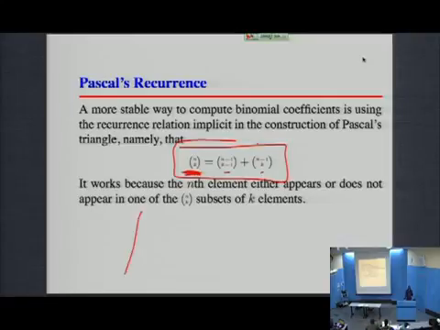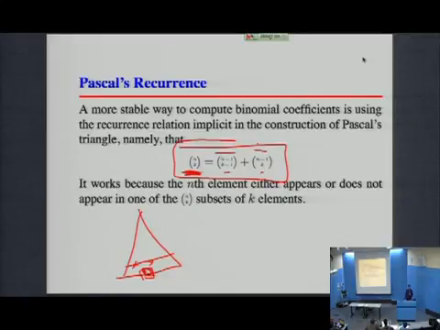In fact, each element on the nth row was the sum of two elements on the previous row, the n minus first row.